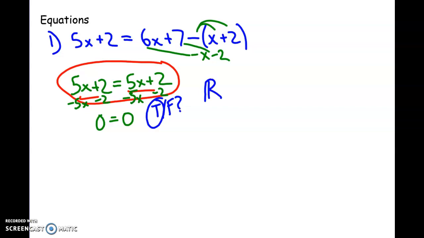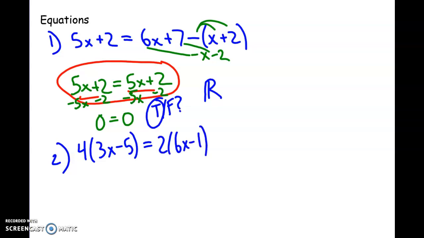Now, let's compare that to something like this. Let's say I'm dealing with 4 times the quantity, 3x minus 5, is equal to 2 times the quantity, 6x minus 1. I distribute, and I have 12x minus 20 equals 12x minus 2.